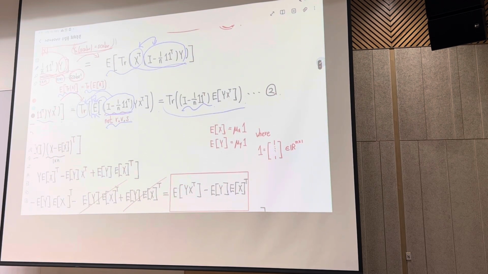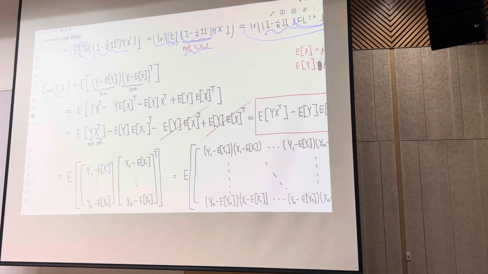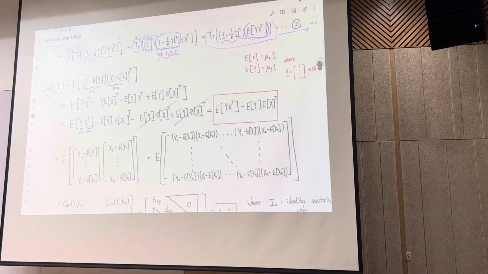Then, let's say this term is equation 2. We need to calculate this term. By using some trick, it is covariance of y, x. Covariance of y, x is equal to expectation of y x transpose minus expectation y multiplied by expectation x transpose.